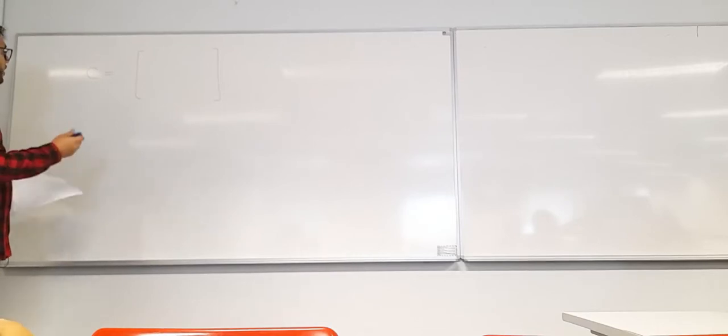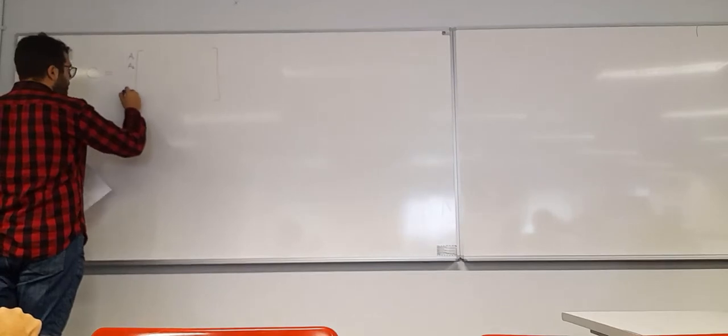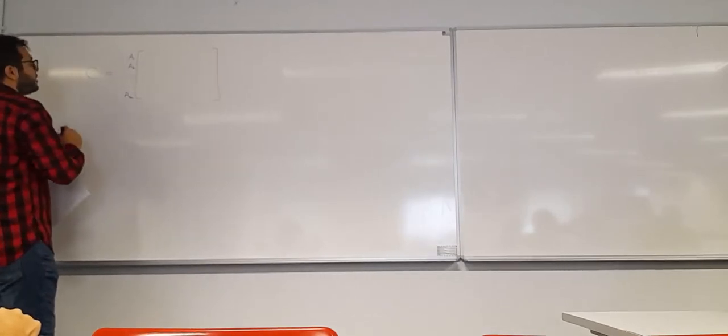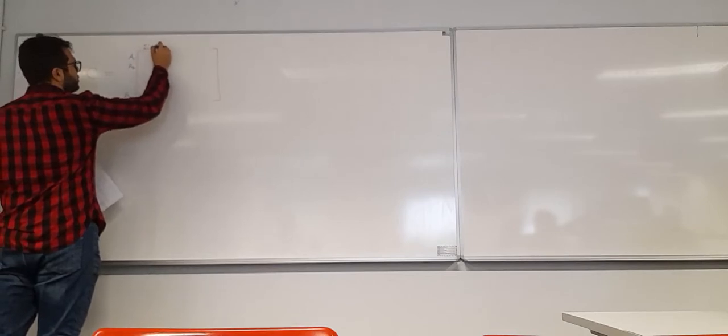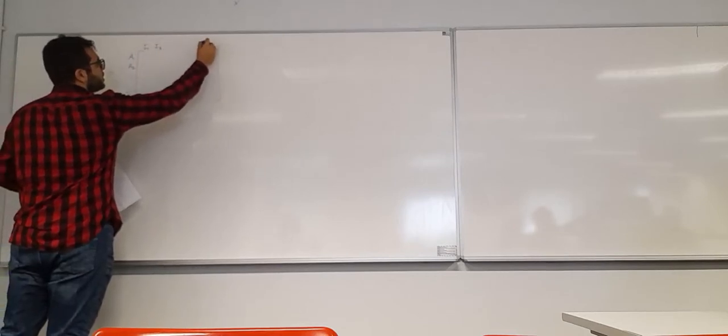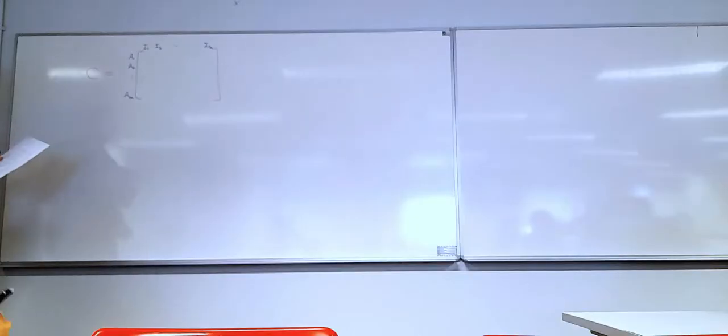So one player could choose an algorithm. Let's say the available algorithms are A1, A2 through AM. The other player could choose the inputs, so input 1, input 2, all the way. We have algorithms on one side, inputs on the other side.